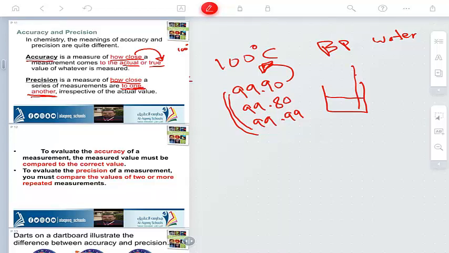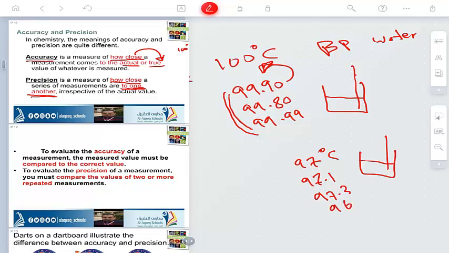Okay, what if you measure the boiling point of water and you find 97, for example, degrees Celsius? Then you repeat it again and you find 97.1. You repeat it again, you find 97.3. Then 96.9.